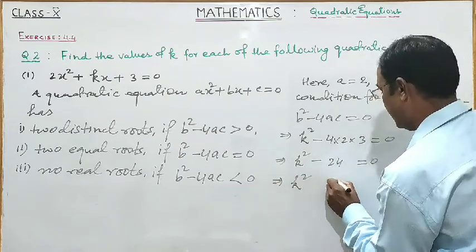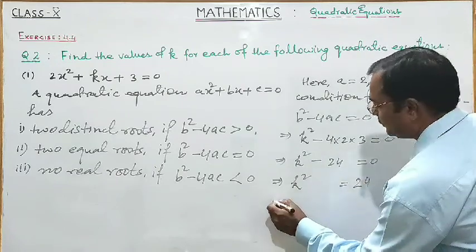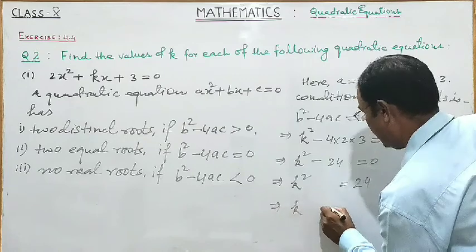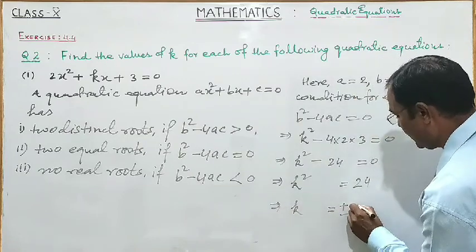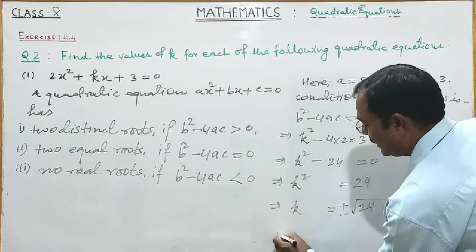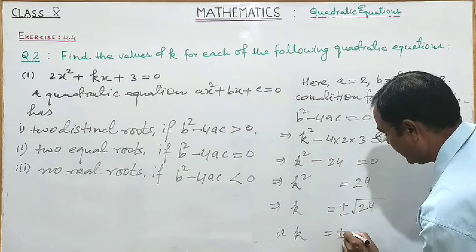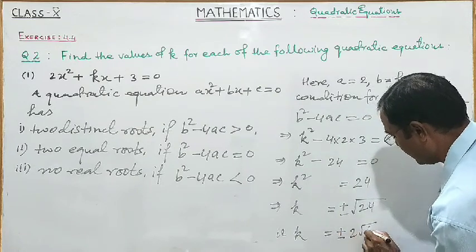So k square equal to 24. So k is equal to plus minus under root 24. That is k is equal to plus minus 2 under root 6.